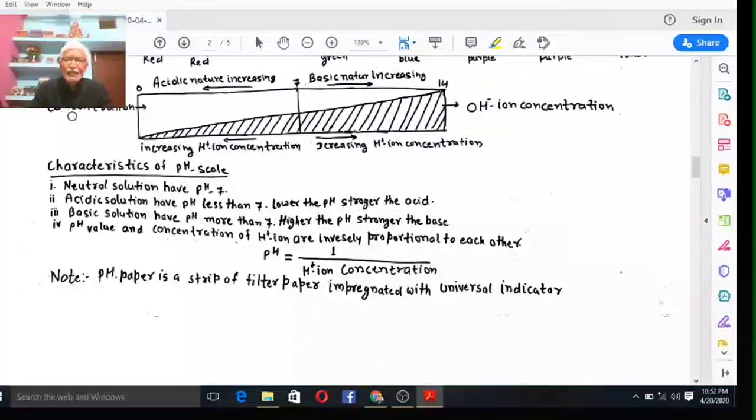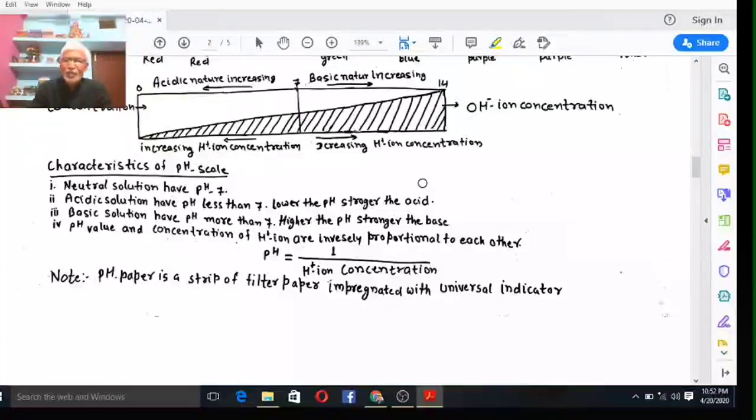A diagram is given which indicates the hydrogen ion concentration and hydroxide ion concentration at different stages of the solution. The vacant region indicates the hydrogen ion concentration, and the shaded region indicates the OH, that is hydroxide, ion concentration.